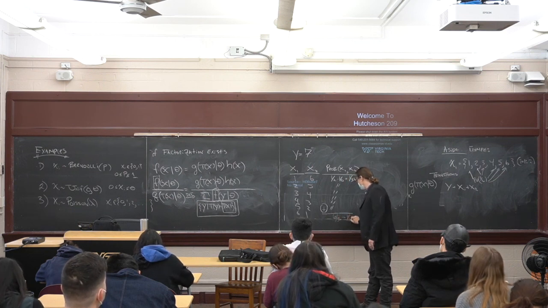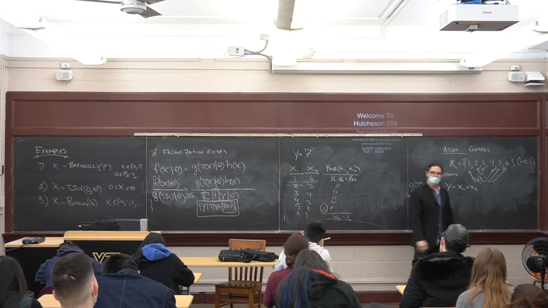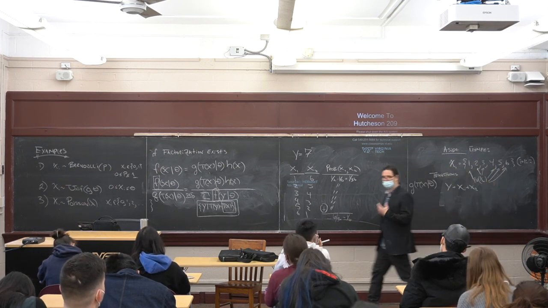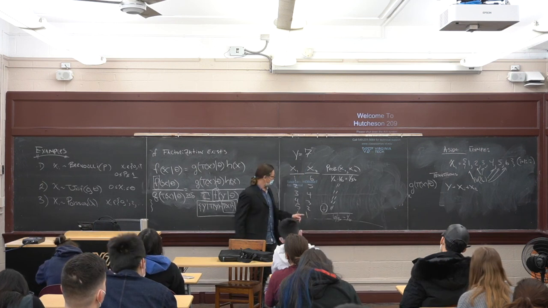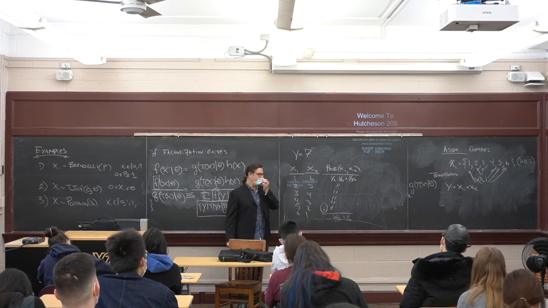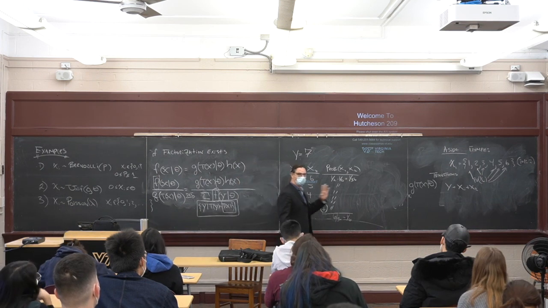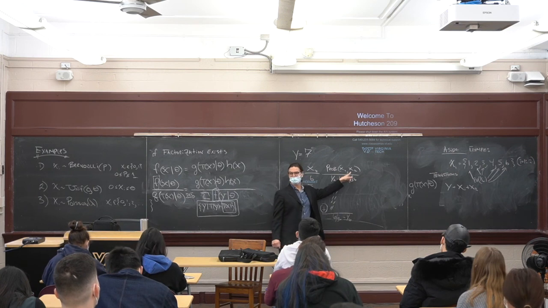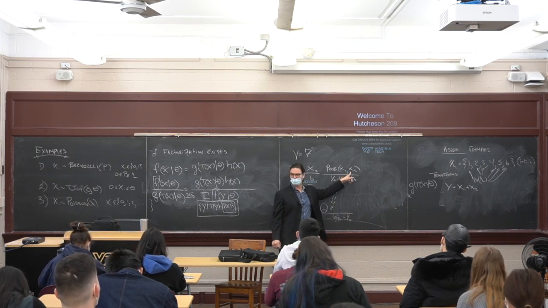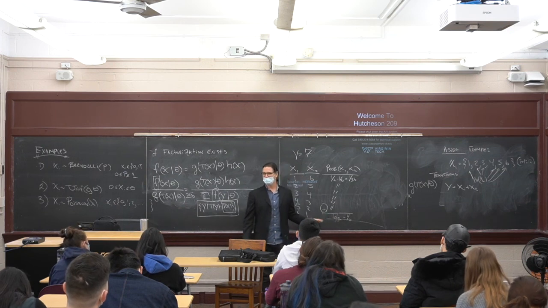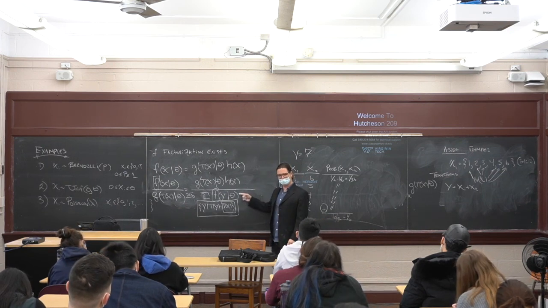So that's 1 over 6. So the probability of seeing a 7, which is the highest probability, is 1 over 6. How did I get that? I didn't think about the probability distribution on y. I thought about the probability distribution on the x's in its joint probability distribution, and then I summed over all the possibilities. That's what this says.